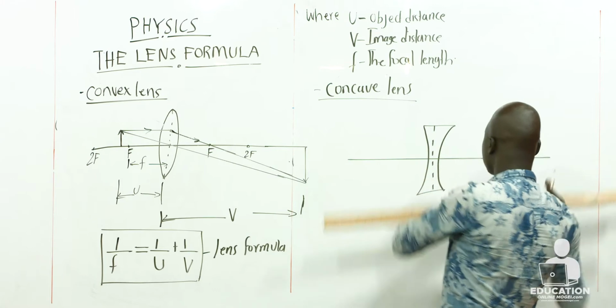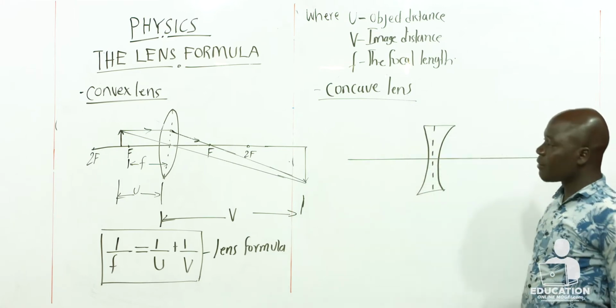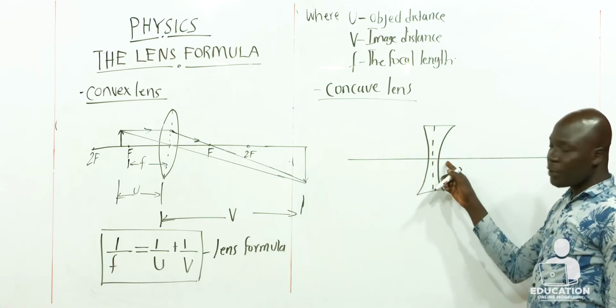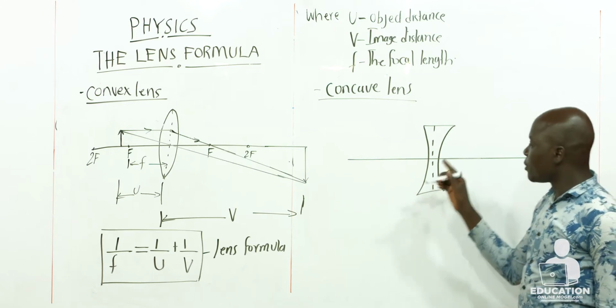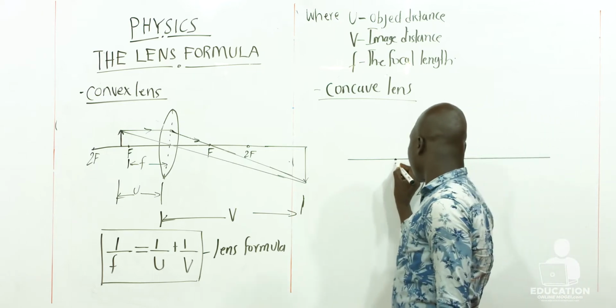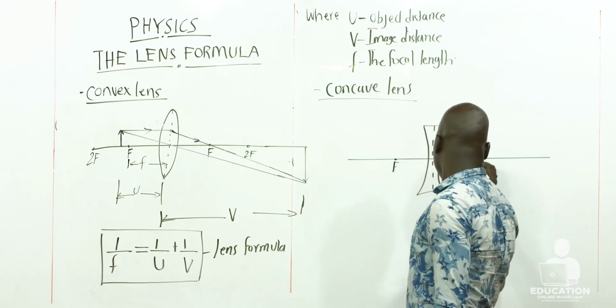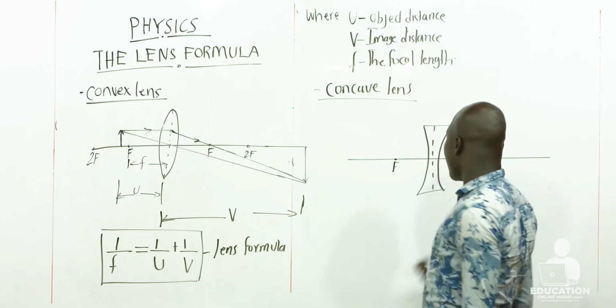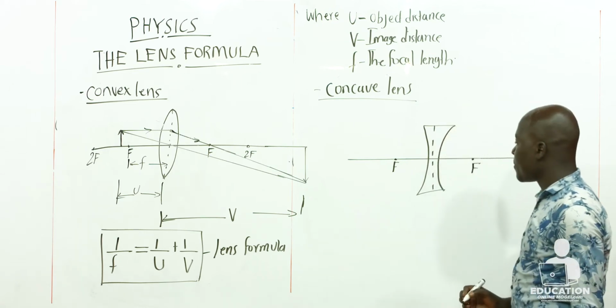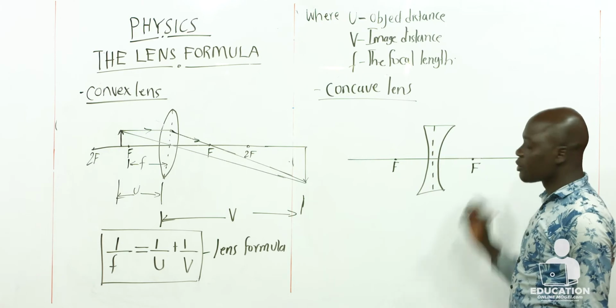So this is the principal axis of a concave lens. Then on the principal axis we have points, and these points are called the principal focus, or we denote it with letter F. Also, we are going to take two rays.